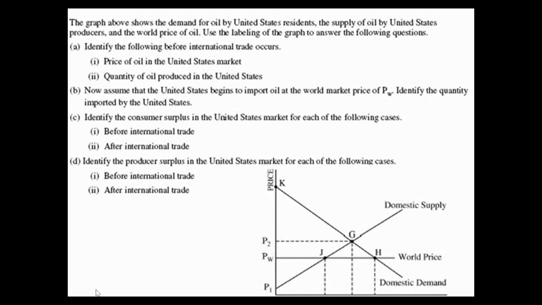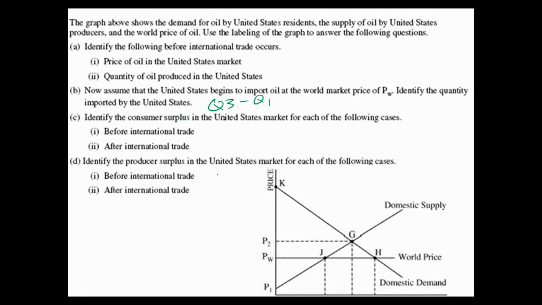Here is another example. You could try this, and I believe the answers are after this. This is asking you to identify the following before international trade occurs. The price of oil in this market would be P2 and the quantity sold would be Q2. Now assume that the U.S. begins to import oil at PW. Identify the quantity imported. The quantity imported would be Q3 minus Q1.